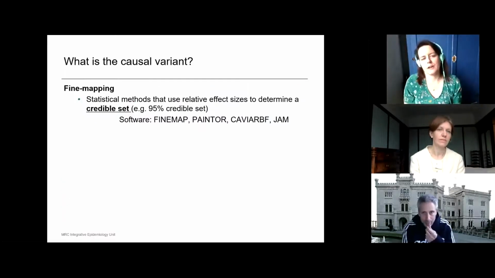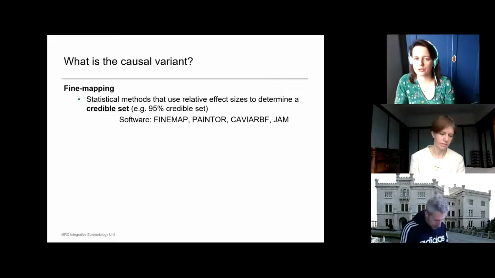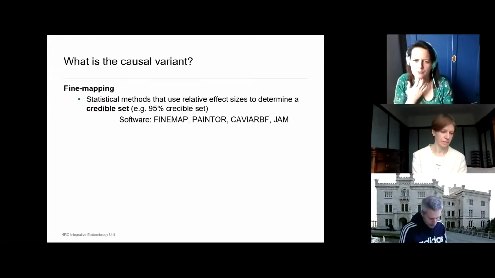In terms of the causal variant, there are lots of methods that aim to fine map GWAS associations to identify either a single causal variant or, more commonly, something called a credible set, which is a small set of variants that you're quite sure the causal variant is likely to be in. So you'll often see people report a 95% credible set, where there's 95% probability that the causal variant is within that list.